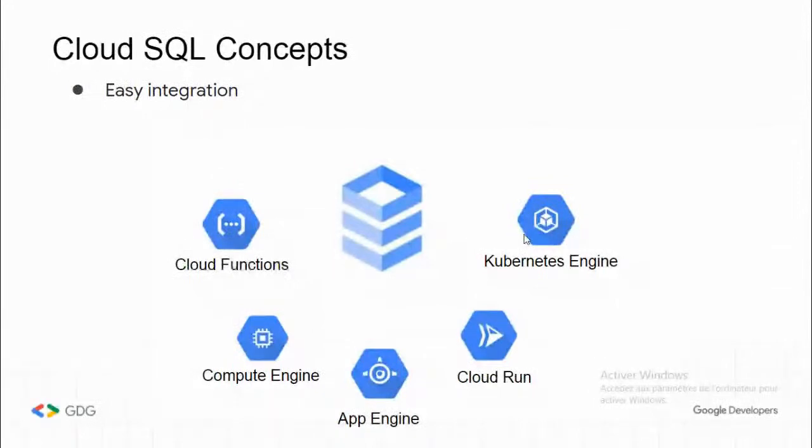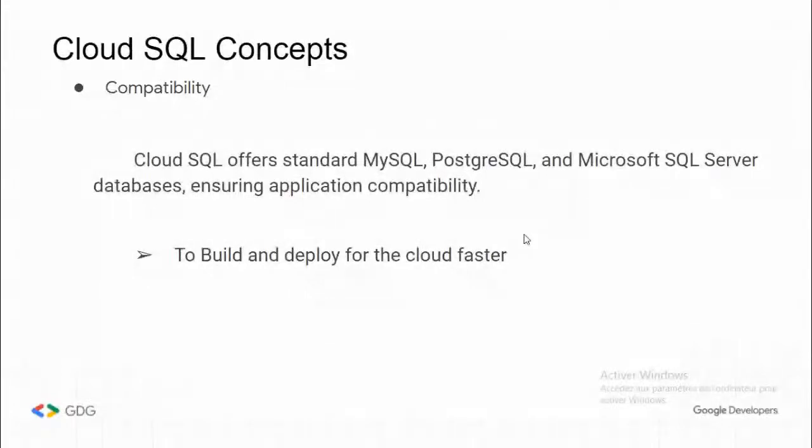You can also connect your Cloud SQL database with applications that are hosted outside of Google Cloud. In addition, Cloud SQL offers standard MySQL, PostgreSQL, and Microsoft SQL Server database, ensuring application compatibility. Here to build and deploy for the cloud faster.